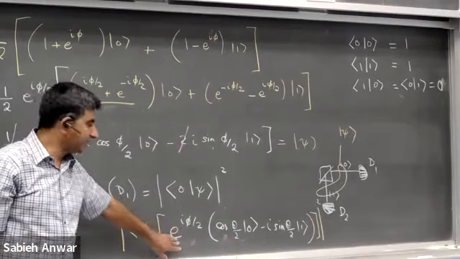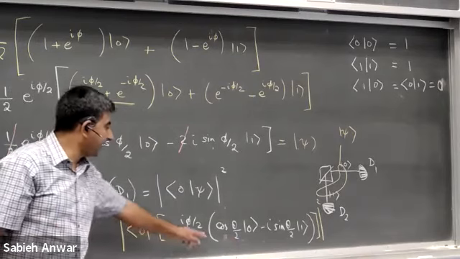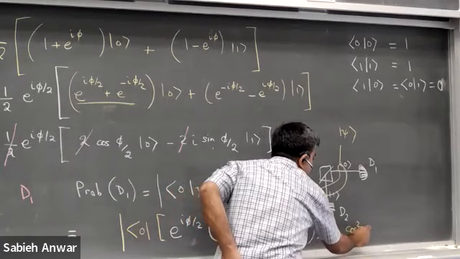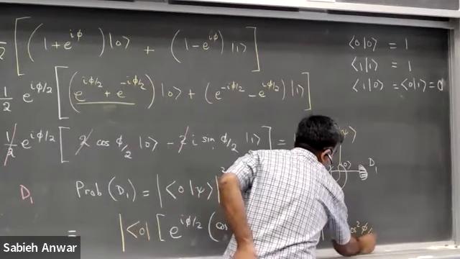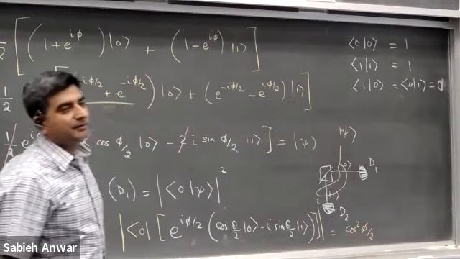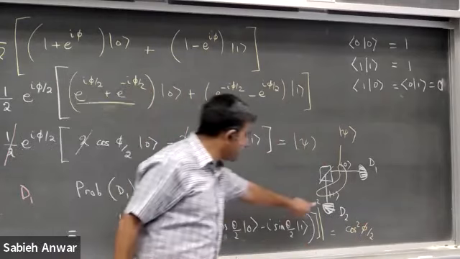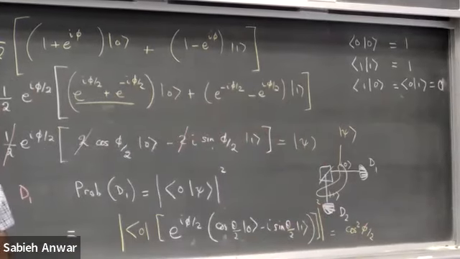The modulus square of this phase term is 1 because it's a complex number of unit modulus. And my answer is cosine square phi by 2. And if I were to repeat the same calculation and find the projection onto the other detector, the answer will be sine square phi by 2.